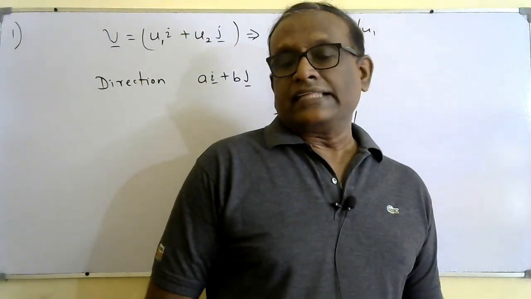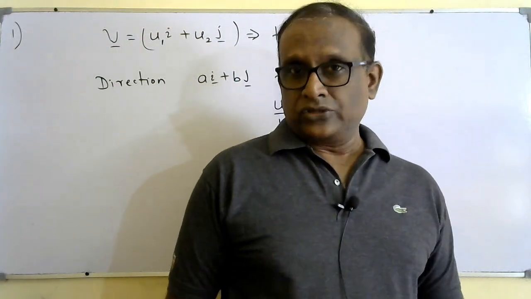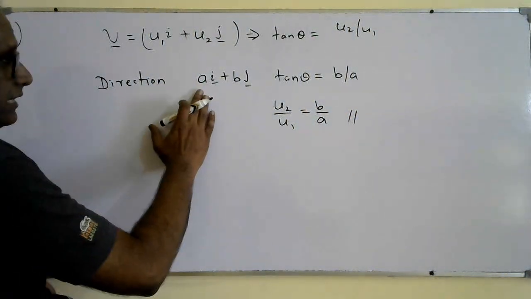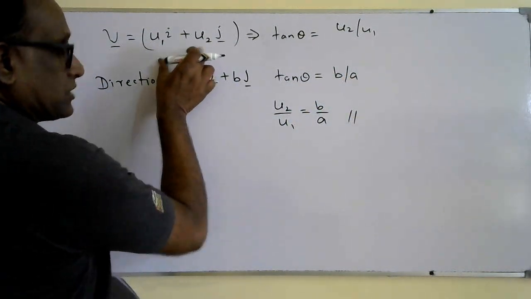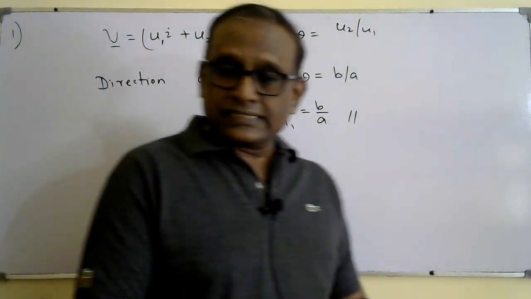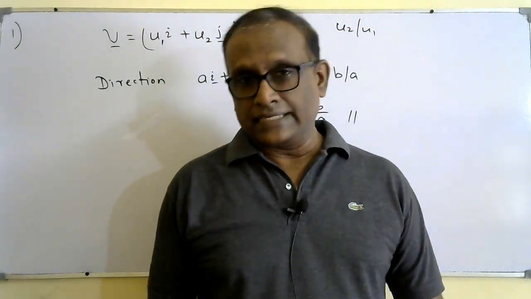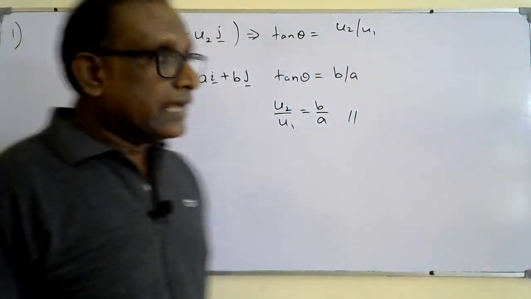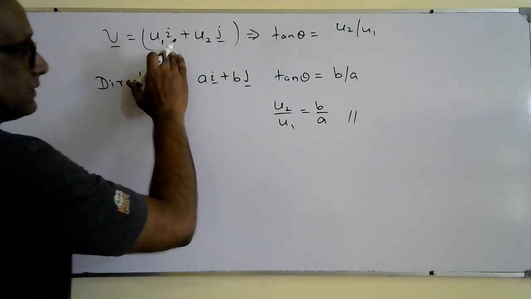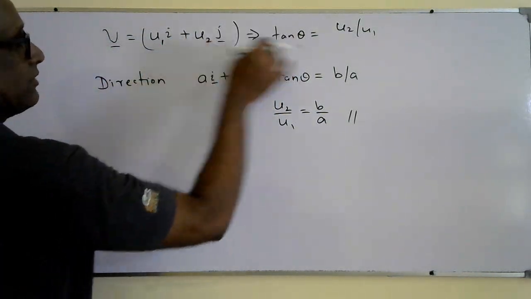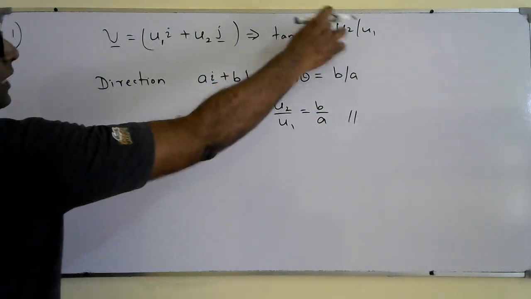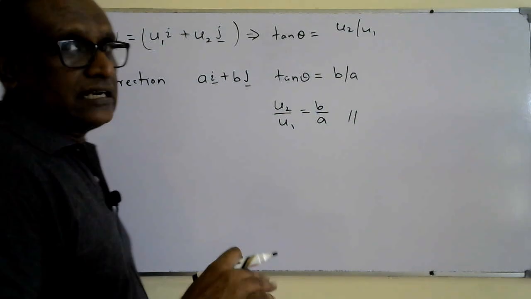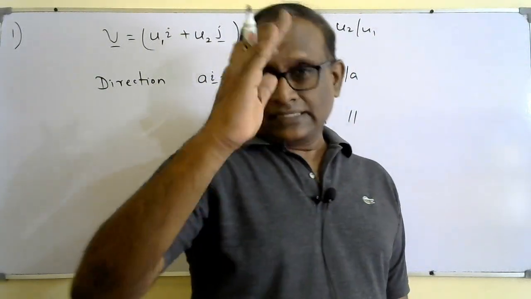Whenever they give the directional vector, that won't have magnitude, but you can find tan theta from the directional vector, like b over a. But from the velocity vector, you can find both the direction and the magnitude of the velocity, that is the speed could also be found. So if the velocity vector is given like this, the direction of the velocity is given by u2 over u1, that is the j component over the i component, that gives the direction or angle with the i direction.